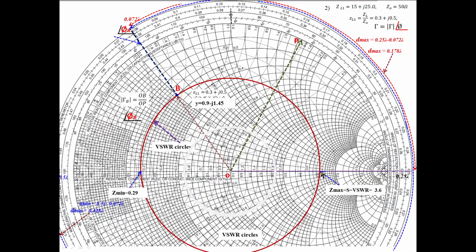Read the value of impedance here. That is the Z maxima. As I said, the maximum value always occurs here. Go on moving over the VSWR circle. Whenever this VSWR circle intersects the right side of the Smith chart horizontal line, you stop. Read the impedance there, meaning the resistance value and reactance value.